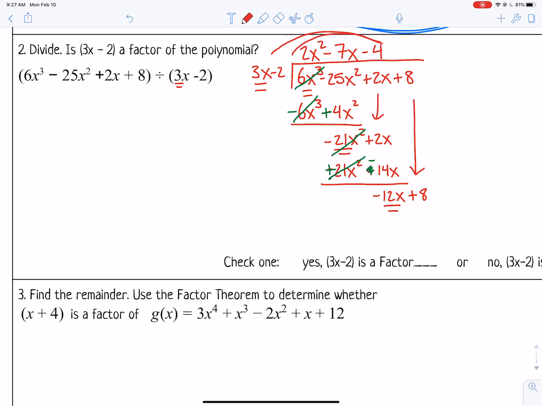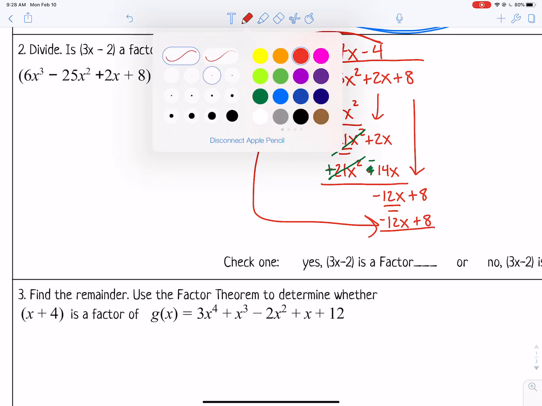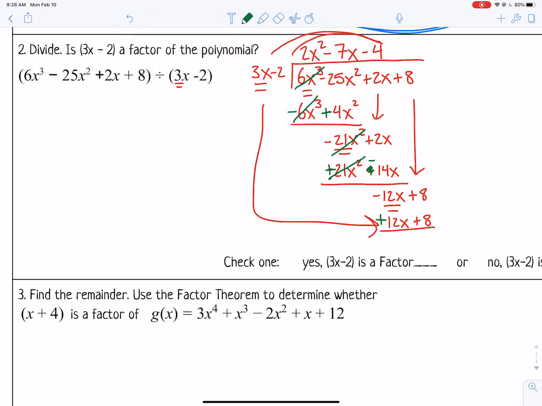You multiply it by what's out front and bring those two terms down. So −4 times 3x is −12x, and −4 times −2 is positive 8. Then you want to make sure you subtract both, so I change the sign of both of those. And they both cancel out, and then I had no remainder.